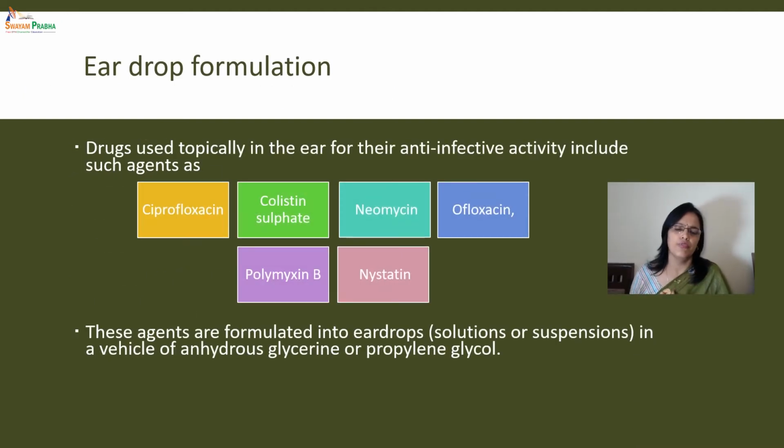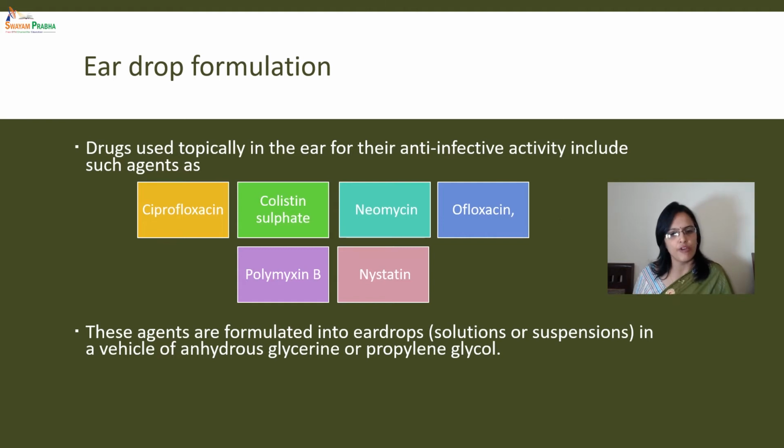Now what are the drugs we use for the formulation topically in the ear for anti-infective activity? So for anti-infective activity, such ingredients like ciprofloxacin, colistin sulfate, neomycin, ofloxacin, polymyxin B sulfate, nystatin. So these agents are used for anti-infective activity.